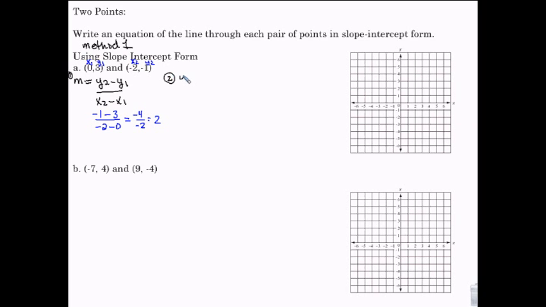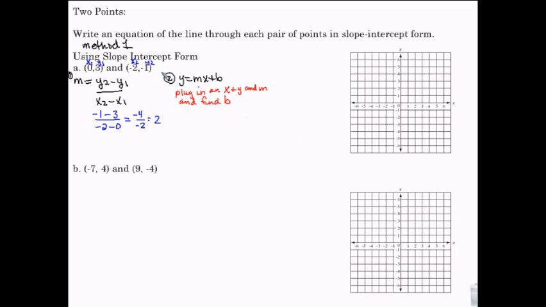The next thing you do is you're going to plug in an x and y and m and find b. Okay, I can pick either point.